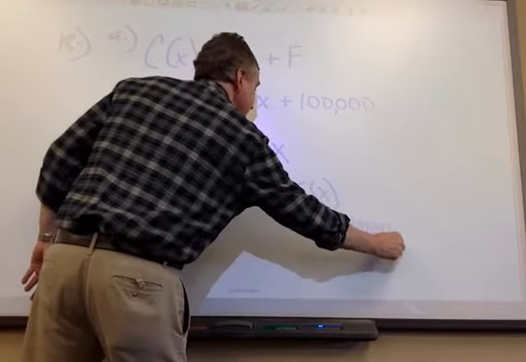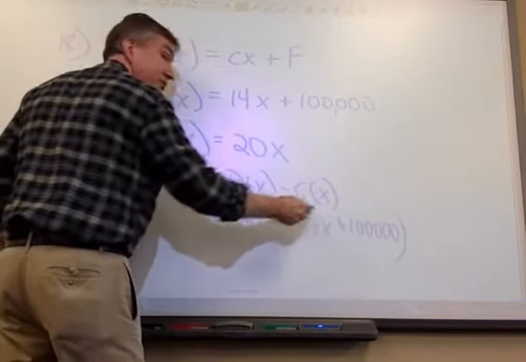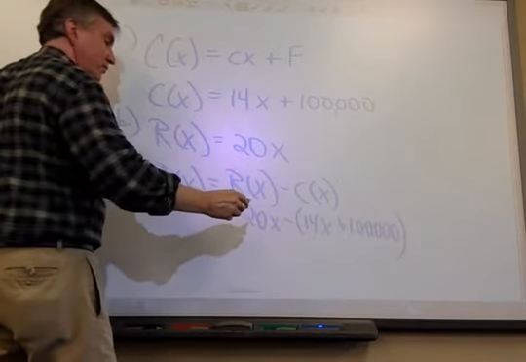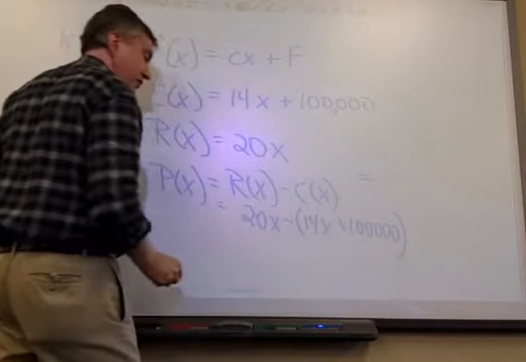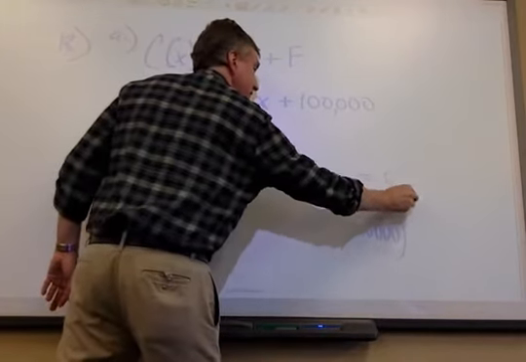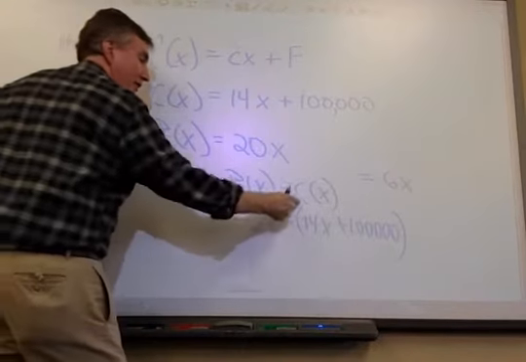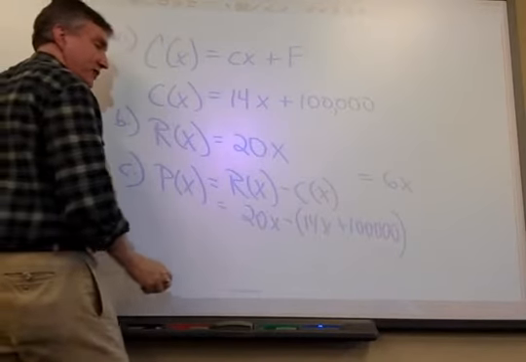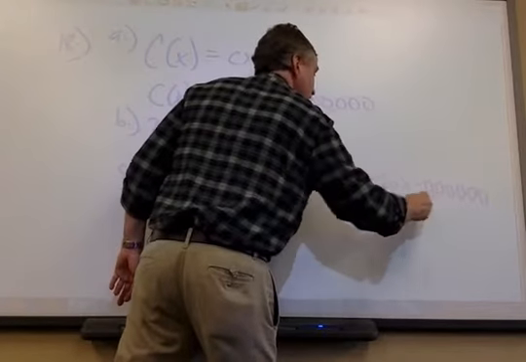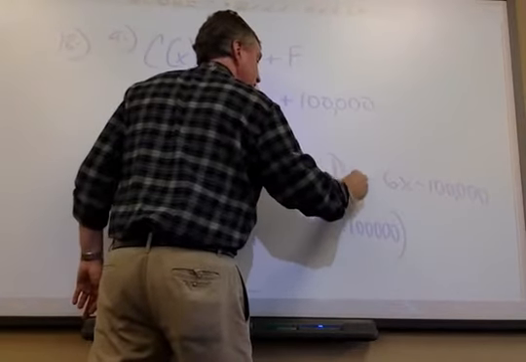The biggest mistake people make on this is they forget to distribute their negative. If you distribute your negative, the profit function becomes 20x minus 14x, which is 6x, and then that negative distributes to the 100,000.